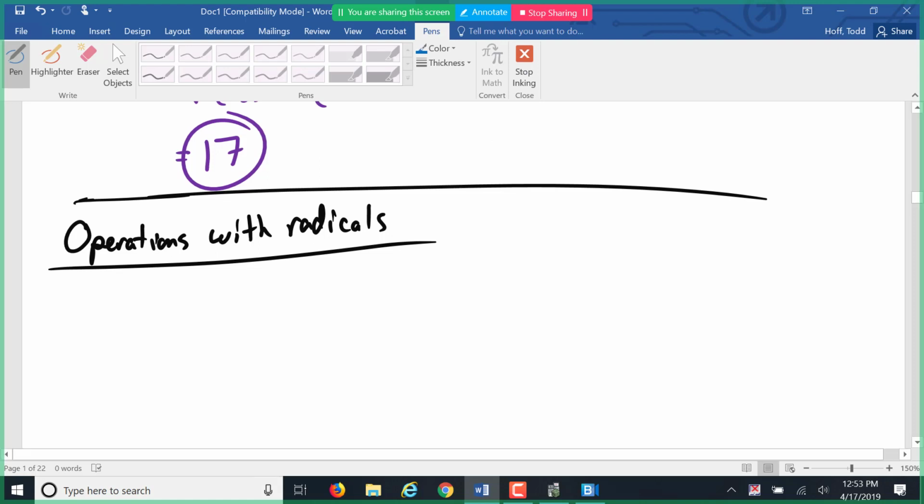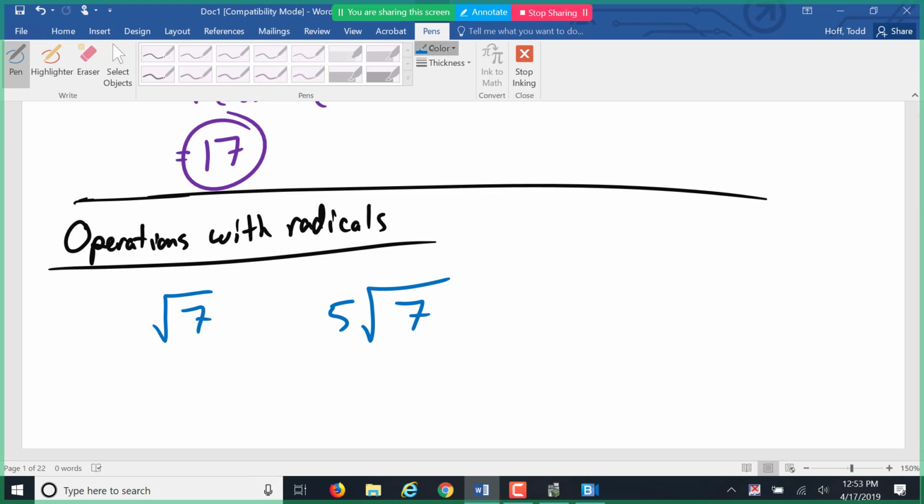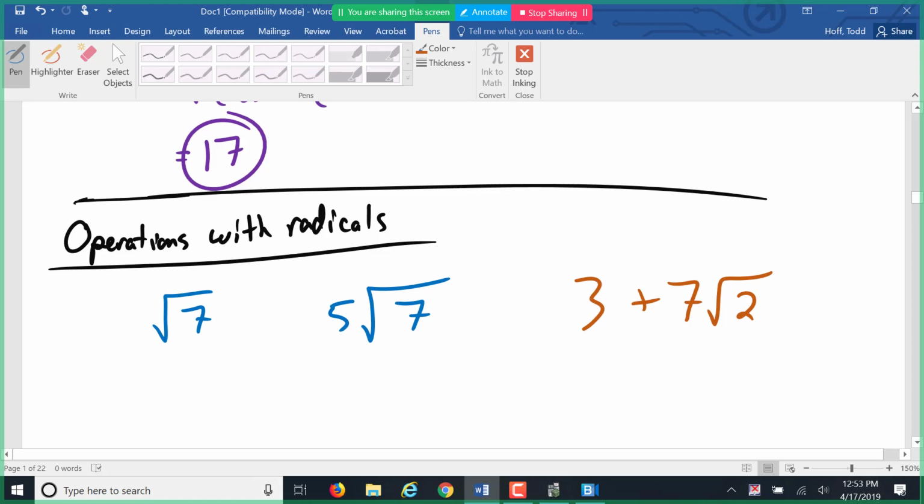And we can have it as simply the square root of 7, but we could also have 5 times the square root of 7, where we have a whole number in front of that radical multiplying it. But we can combine it in other ways as well. We might have 3 plus 7 times the square root of 2, where we have a part of it that is a rational number, and then another part of it that's irrational.